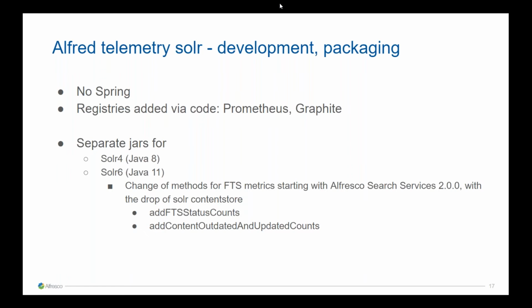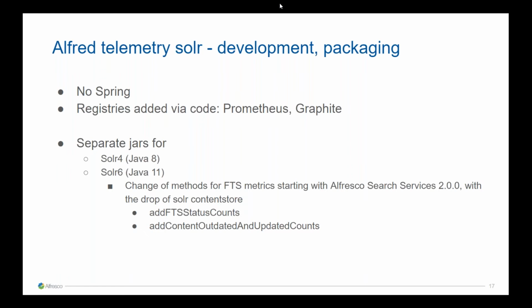In Alfresco Search Services, starting with version 2.0.0, there has been a big refactoring and the content store has been removed. And some method names changed, namely the ones for full text search status.